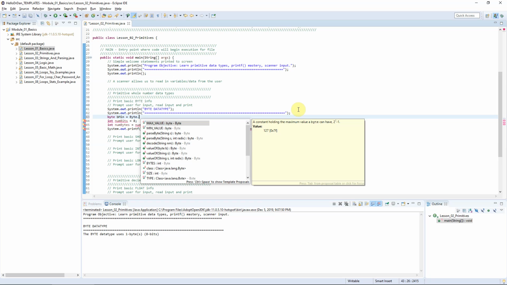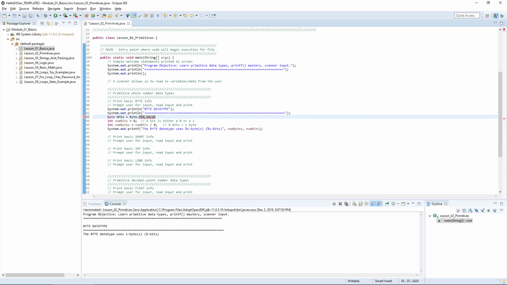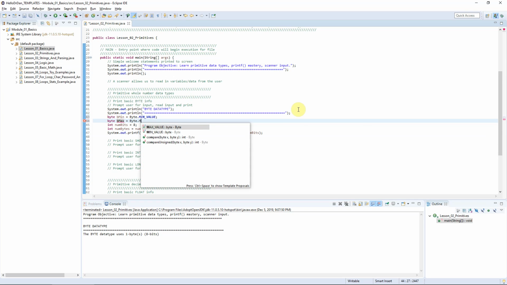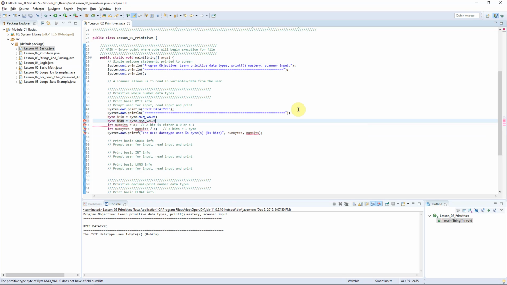So what I'm going to do is get the minimum value. This will tell me the smallest possible value that I can represent with the byte data type. I'm going to do the same thing for bmax, so byte.MAX_VALUE, and make sure you include the semicolon at the end.